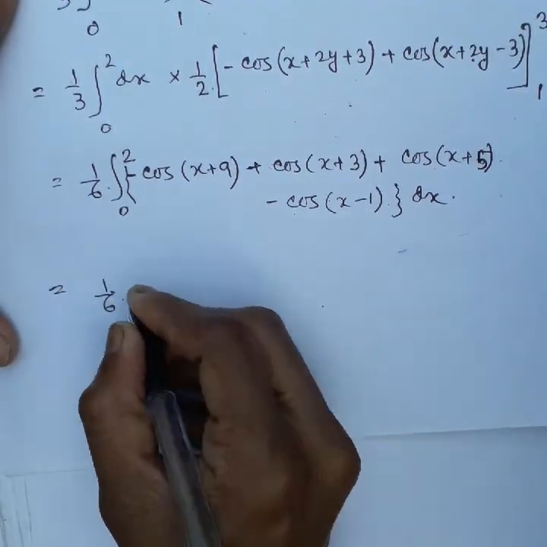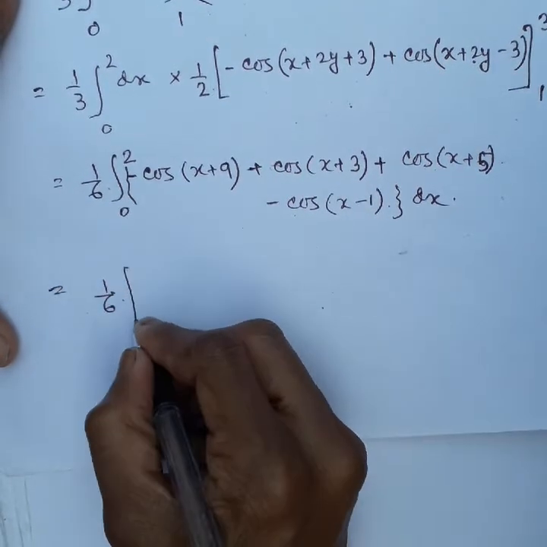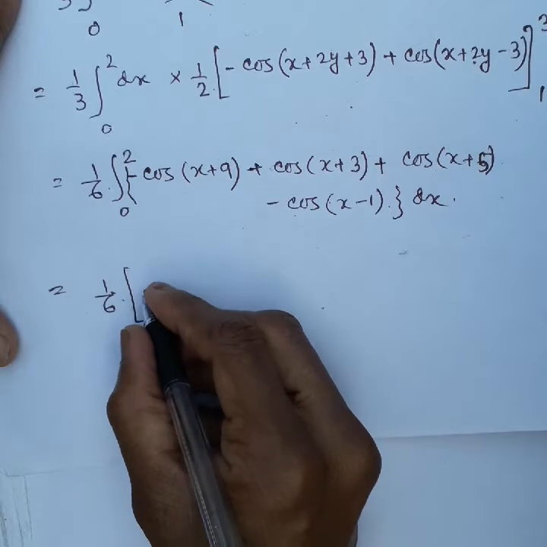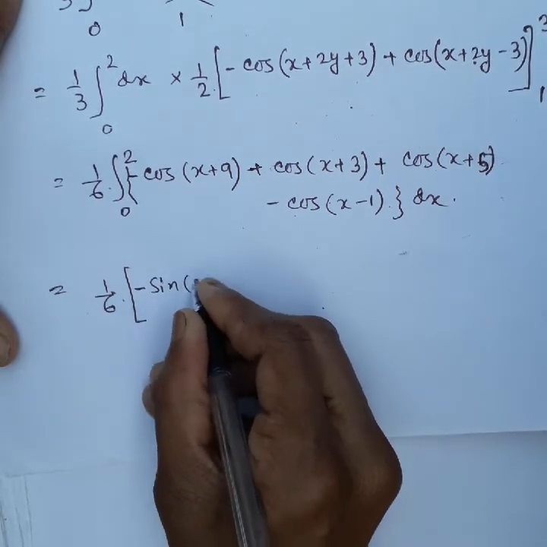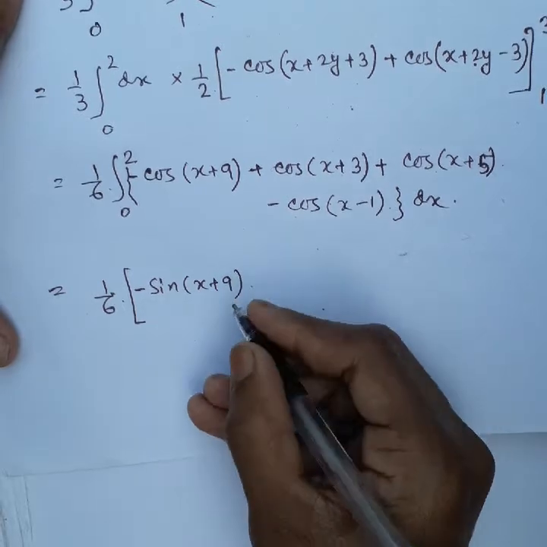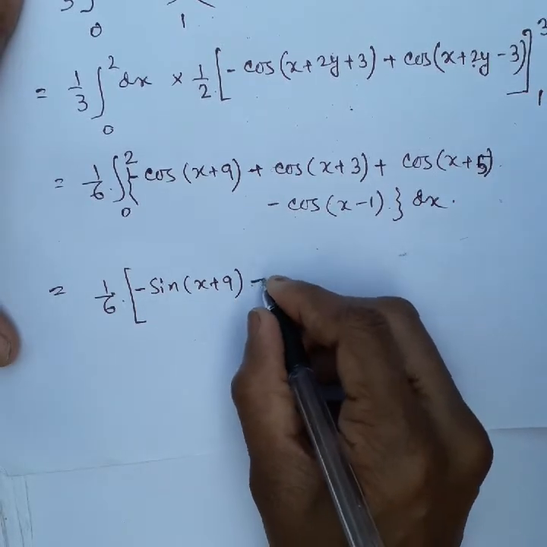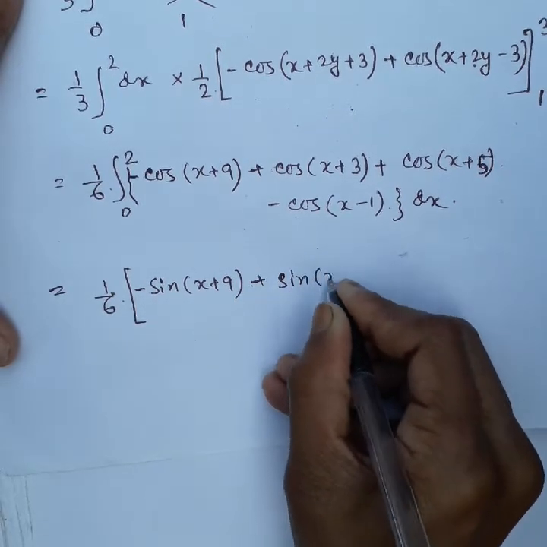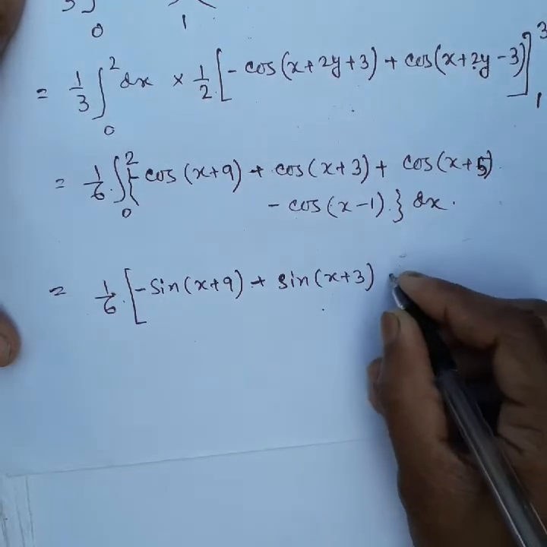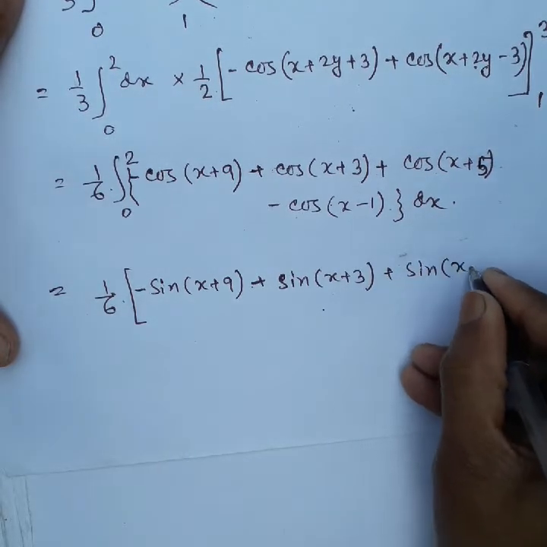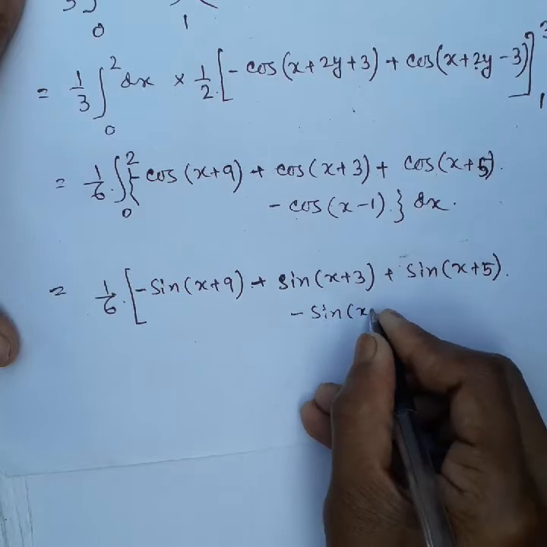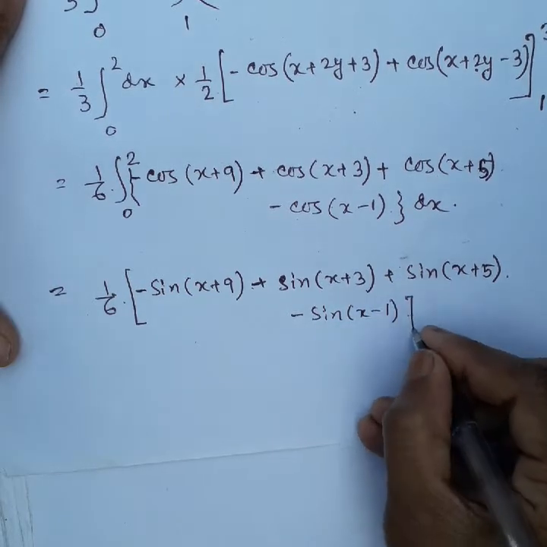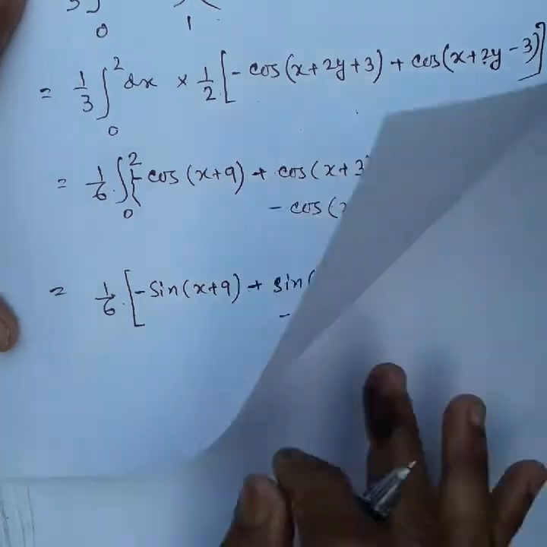That means 1/6, this integration is minus sine of (x plus 9) plus sine of (x plus 3), plus sine of (x plus 5) minus sine of (x minus 1), from 0 to 2.